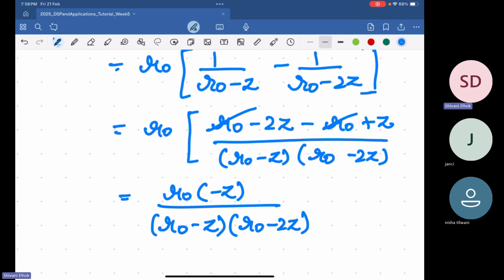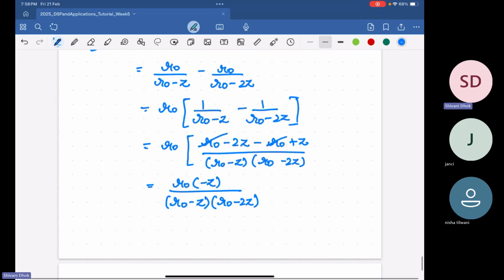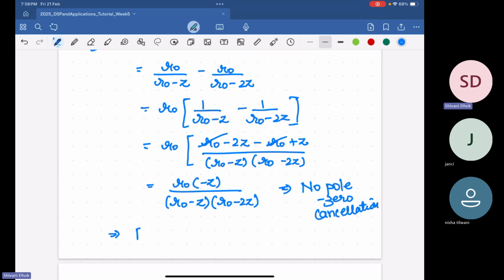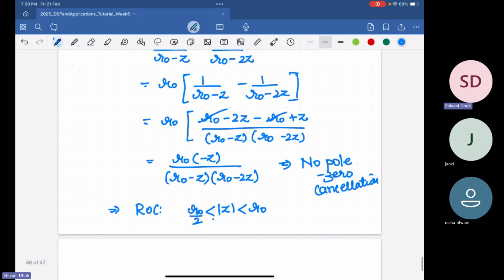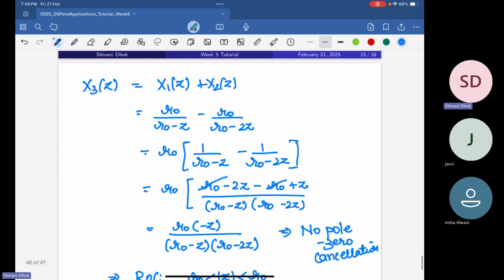Okay, so this is what we are having. So no pole-zero cancellation, which means the ROC is still magnitude of z less than R0 but greater than R0 by 2.